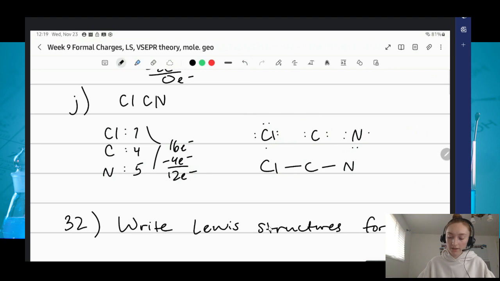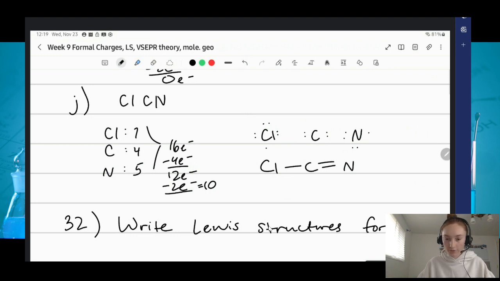Chlorine and carbon are already satisfied with this, because chlorine just needed 1 bond, since it had 7 valence electrons. It only needed to share 2. So it looks like we could make a double bond between the carbon and the nitrogen. So let's minus 2. That would equal 10.